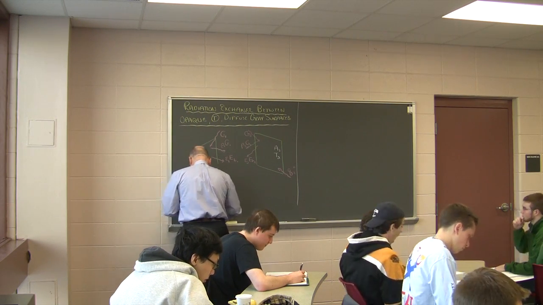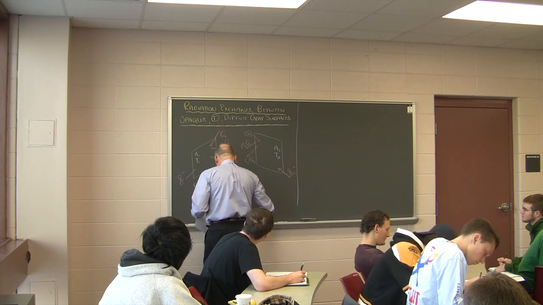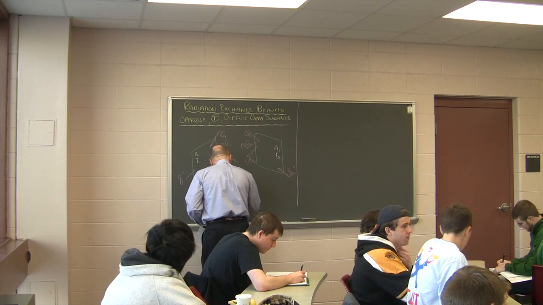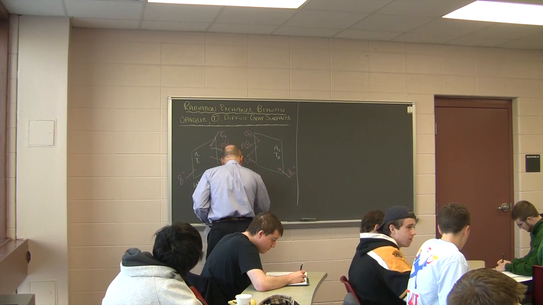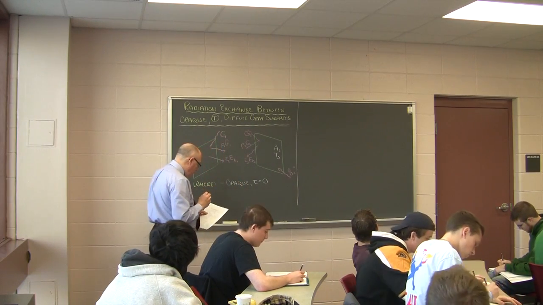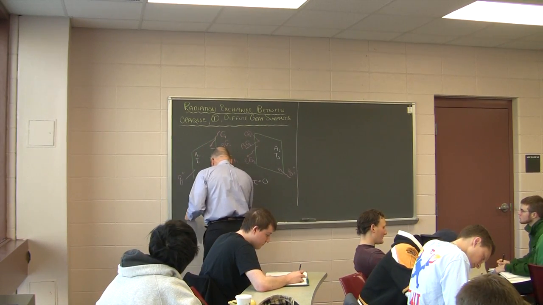First of all, the body is opaque. Meaning both bodies are opaque. That means tau is equal to 0. There's no transmissivity. They are diffuse.